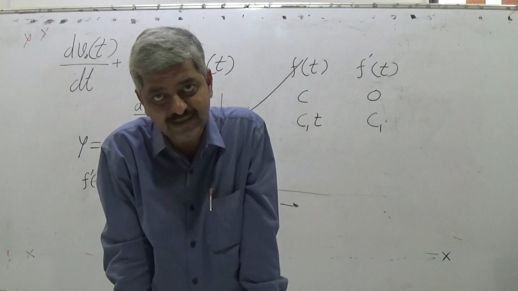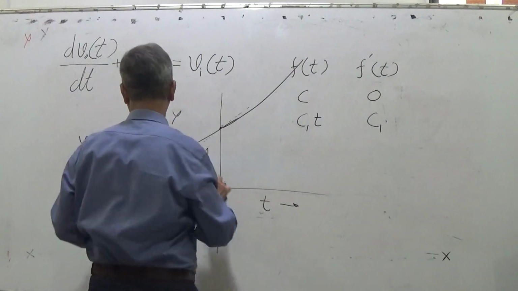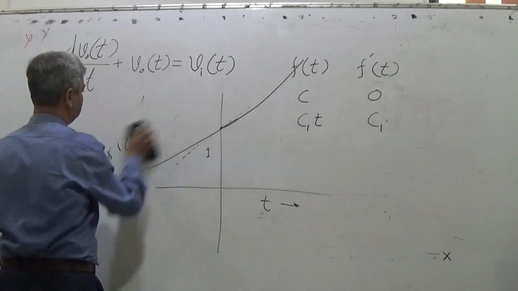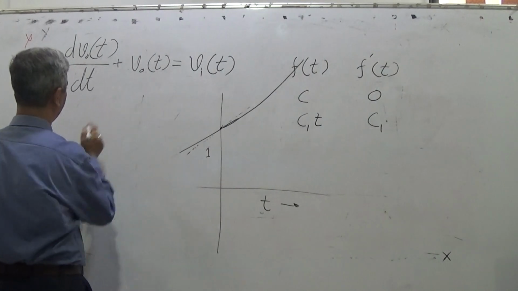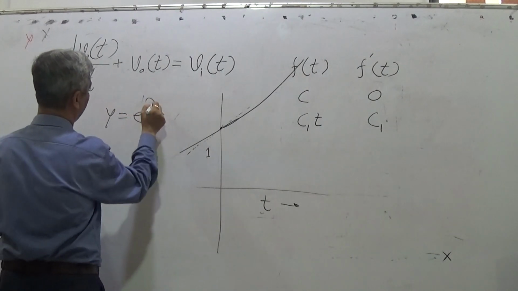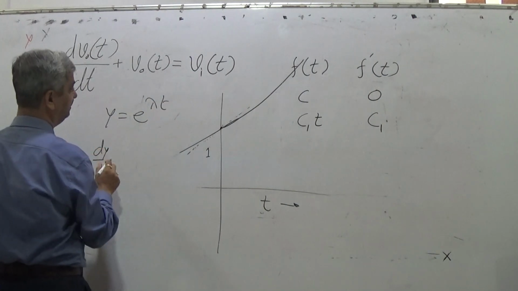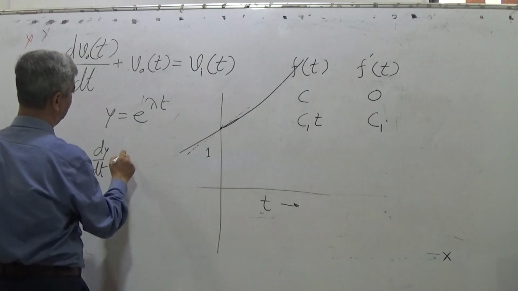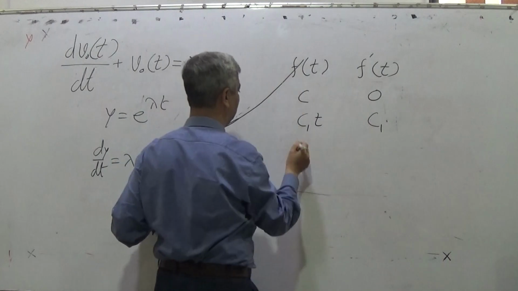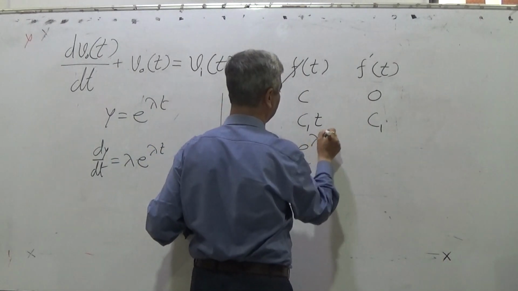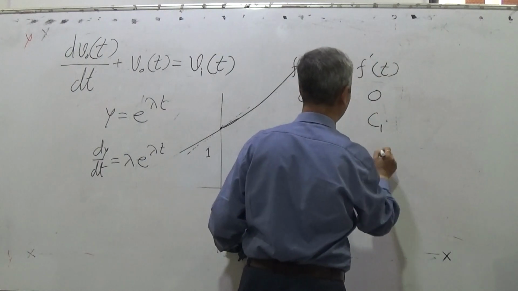Whereas e raised to lambda t is also a magical function. If y is equal to e raised to lambda t, then dy by dt is equal to lambda e raised to lambda t. So if f of t is e raised to lambda t, then f dash t is lambda f of t.